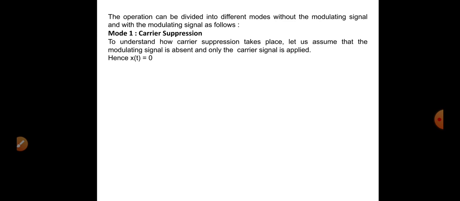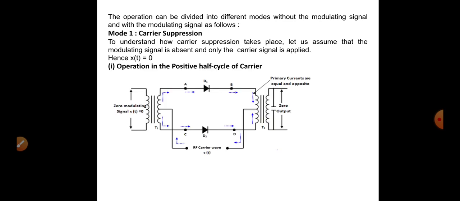As you see in this figure, first we consider the positive half cycle of the carrier. When the positive half cycle of the carrier is there, D1 and D2 are forward biased and D3 and D4 are reverse biased. So D1 and D2 are on and D3 and D4 are off.